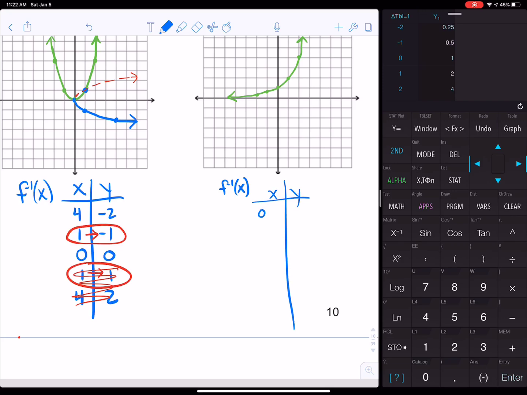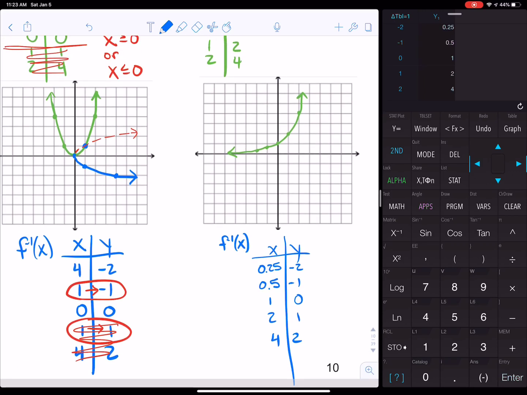So we have 0.25, -2, 0.5, -1, 1, 0, 2, 1, and 4, 2. And we go to plot those.